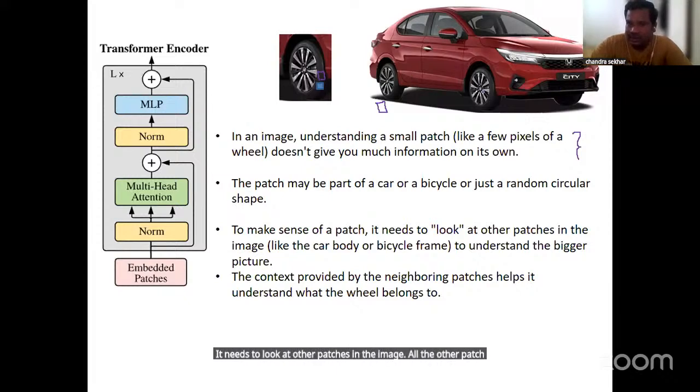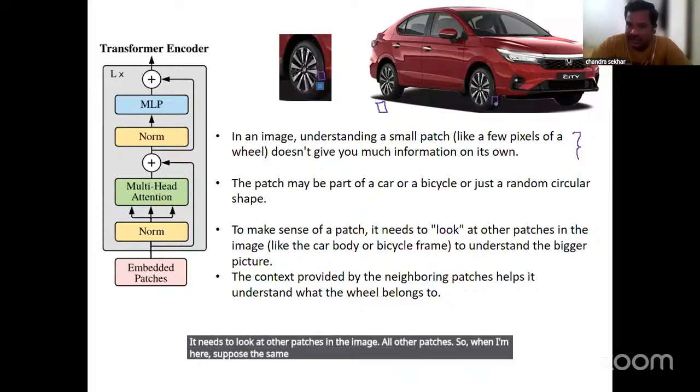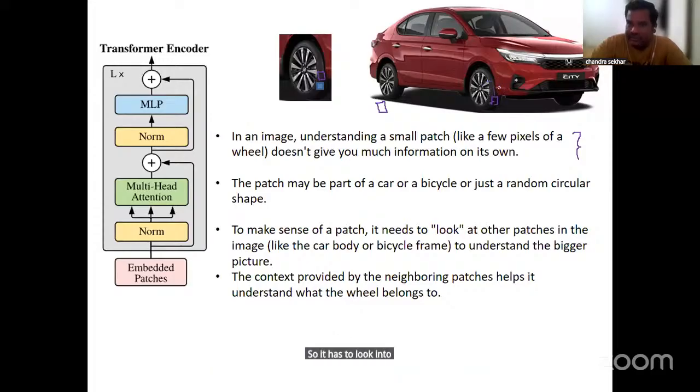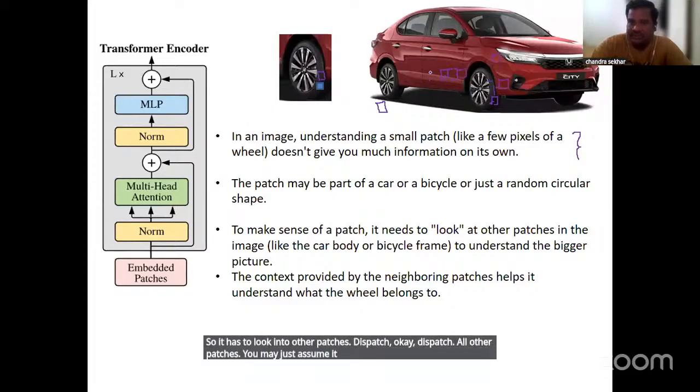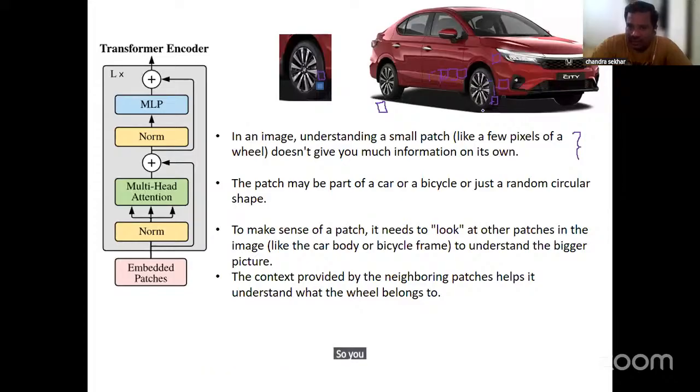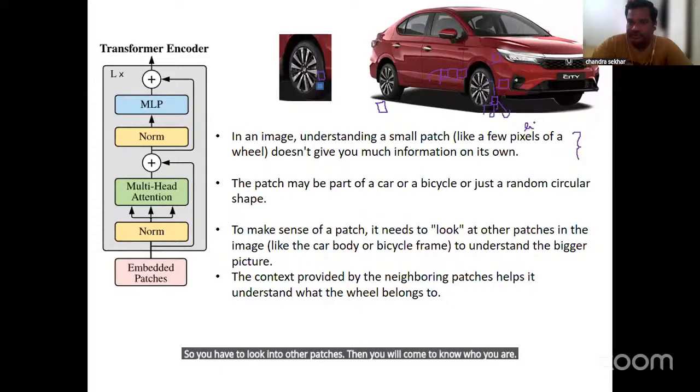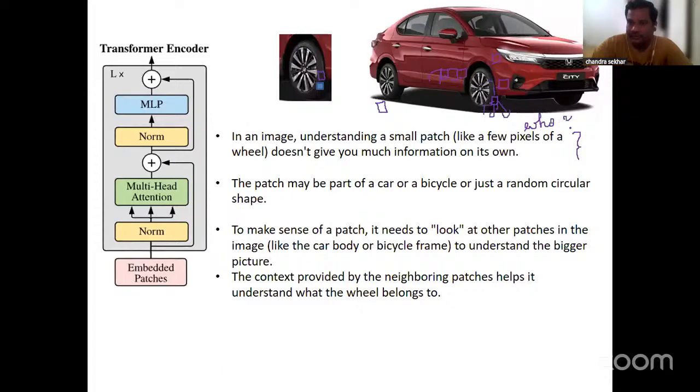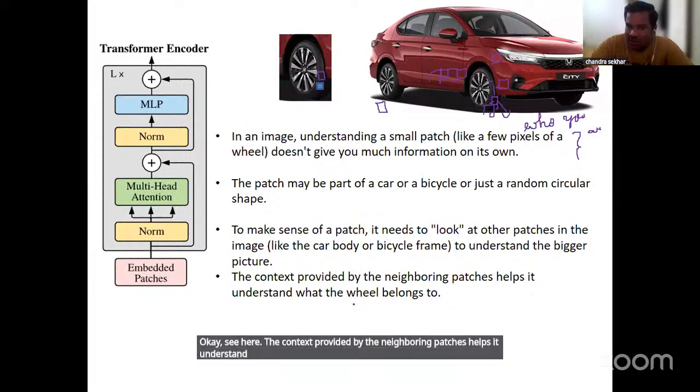The image is assumed to be a set of patches. You have to look into other patches, then you will come to know who you are. The context provided by the neighboring patches helps it understand what the wheel belongs to.